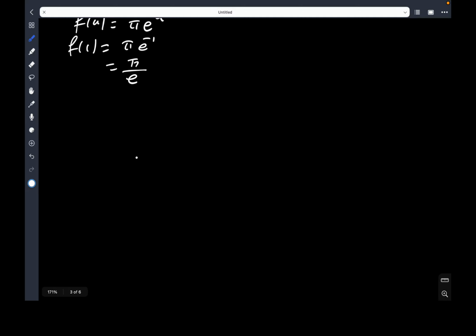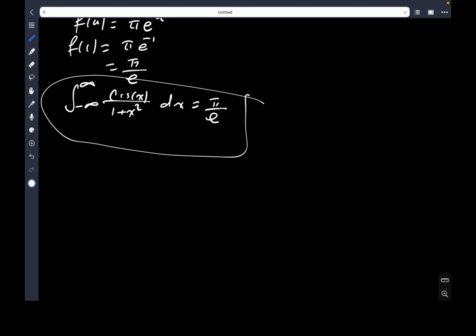Thus, we found the result of this integral from negative infinity to infinity of cosine x over 1 plus x squared dx to be equal to pi divided by e, which is a very neat result, and it was a little bit hard to derive, involving solving a couple of differential equations.